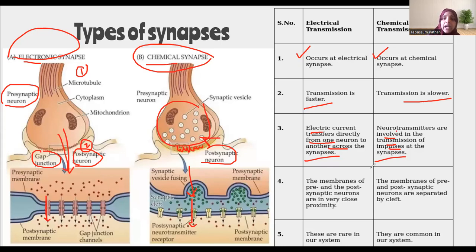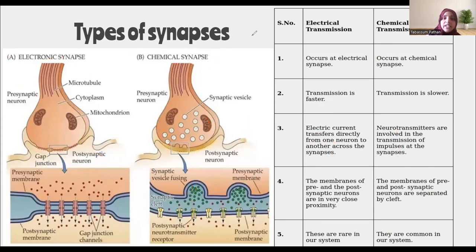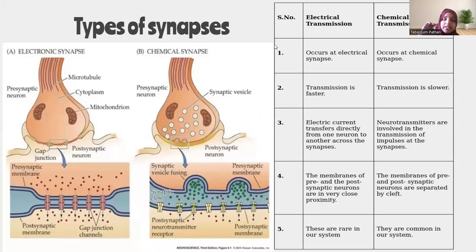In the electrical case, the pre and postsynaptic membranes are in very close proximity. Here, they are separated by a space, known as the cleft. Electrical transmission is very rare in our system, and chemical transmission is most common. That is why we are going to discuss the chemical synapse in a bit more detail now. So this is the difference between the chemical synapse and the electrical synapse.